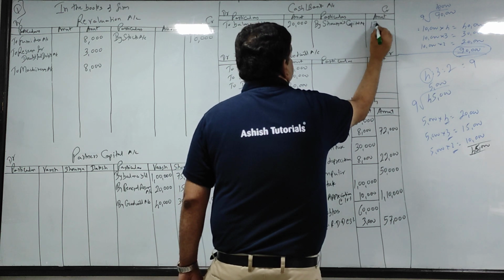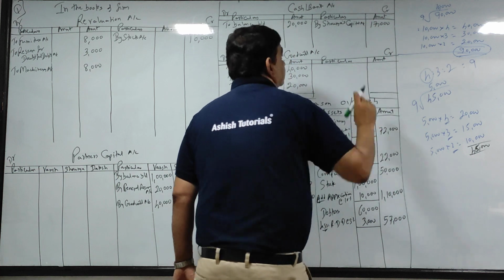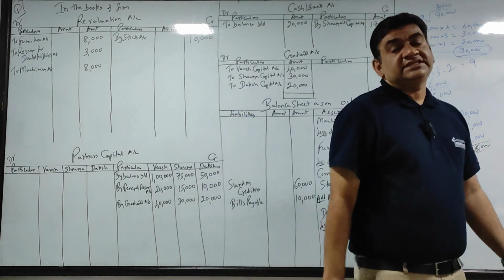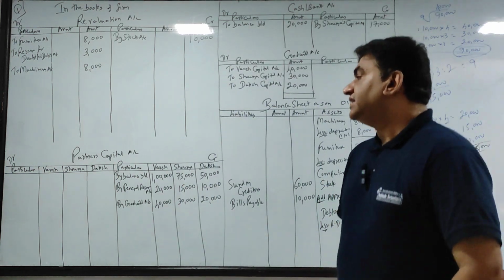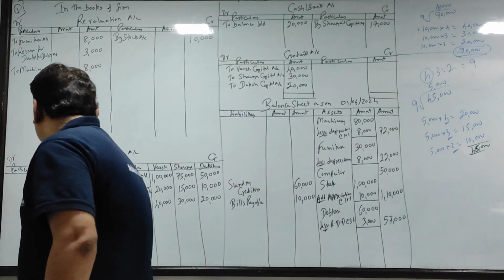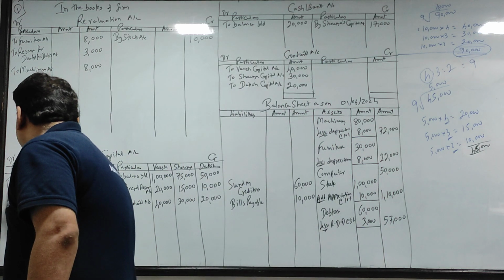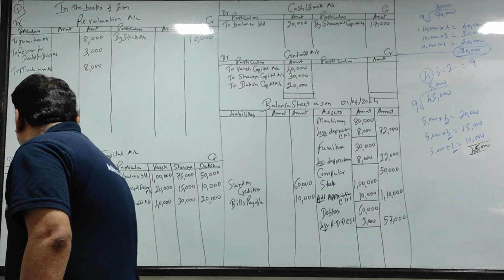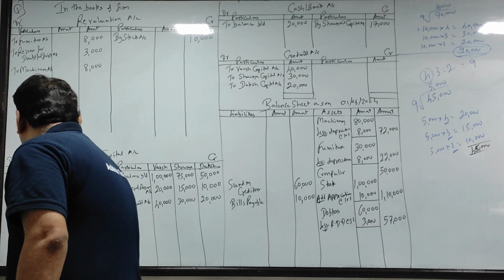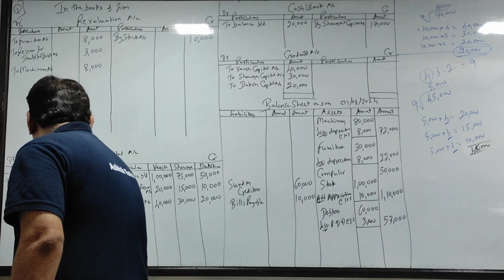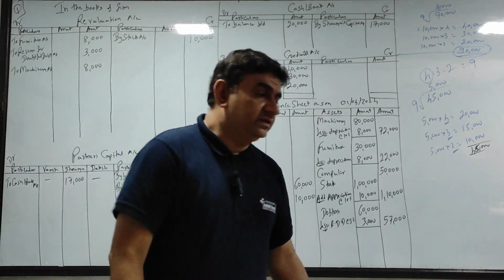By Shourya's capital account, 17,000 पैसा बाहर जा रहा है. And इसका second effect, come to the debit side of partners capital to cash bank account 17,000.